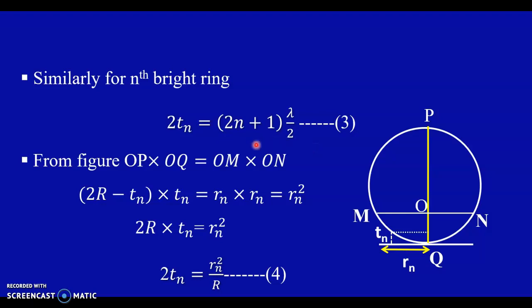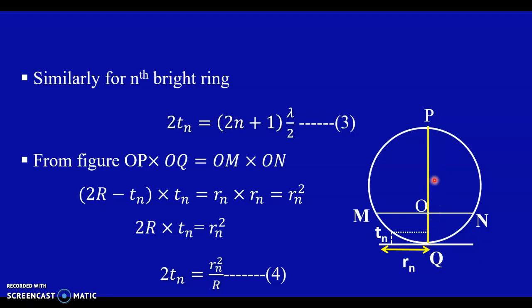We will relate these equations to the geometrical equation. Let us see by geometry what this 2Tn is. By geometry, OP into OQ is equal to OM into ON. OP is equal to the diameter minus OQ.